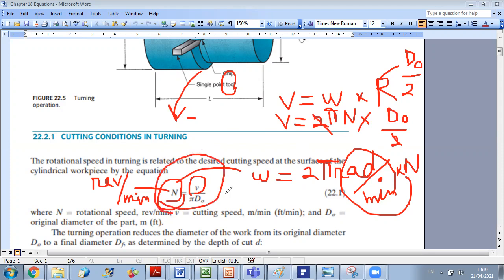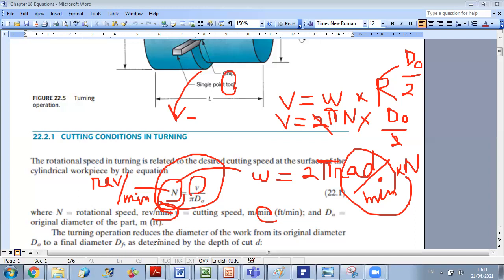In this case, the unit of n will be revolutions per minute. If you use n per minute, then you will also give the cutting speed in meters per minute. If you use n in revolutions per second, then the cutting speed will be in meters per second. This is if you are working in SI units.